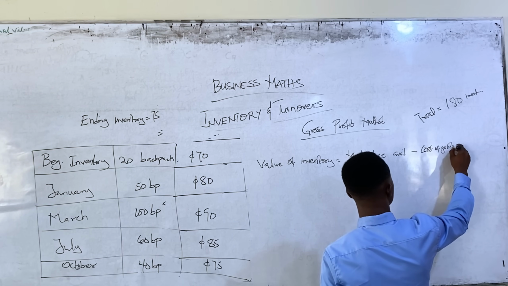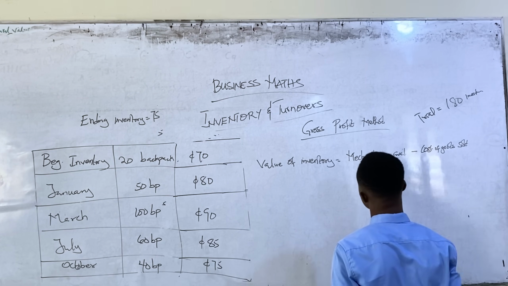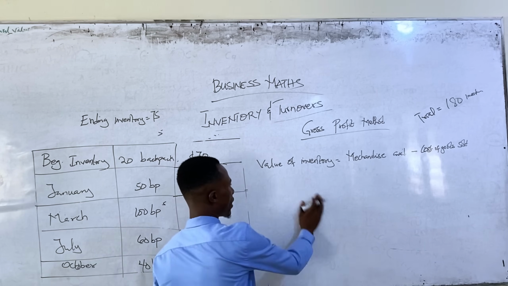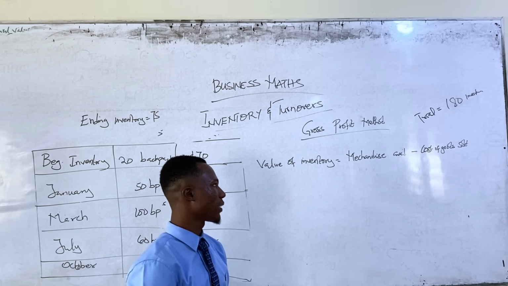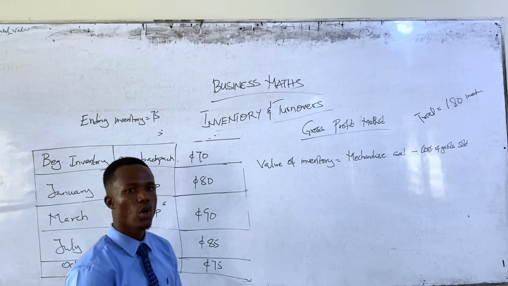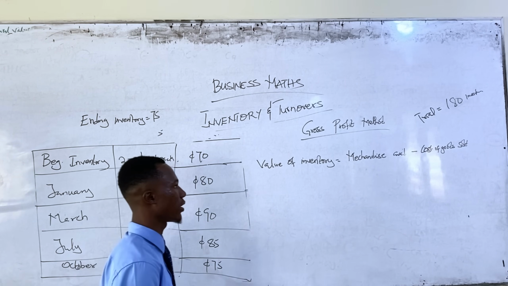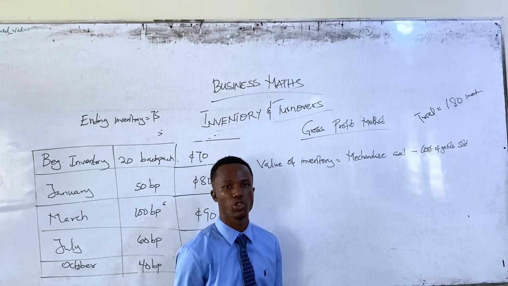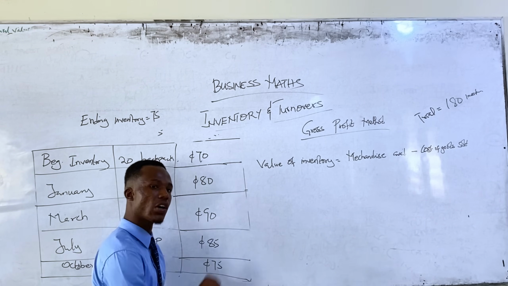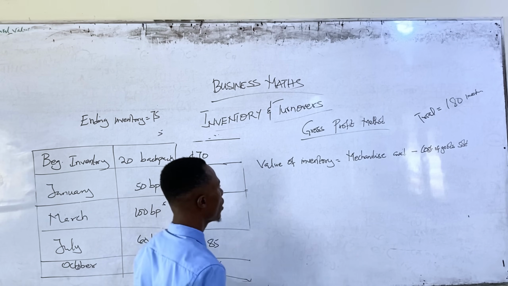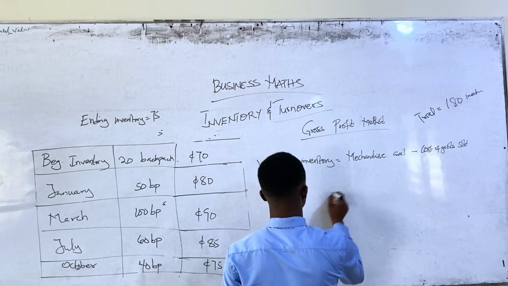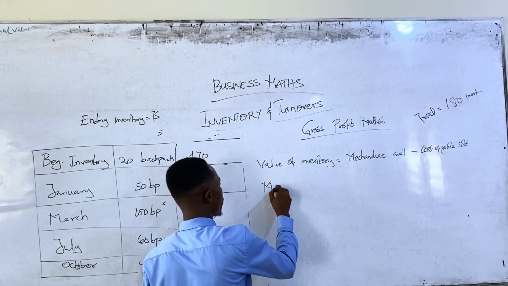This is how to get the value of inventory. But for the merchandise available, we have a way of calculating it. It will not be given to you directly in the question. But if it is given to you, you are fortunate, because most of the time you would have to calculate it before you bring it into the formula. So we say merchandise available.